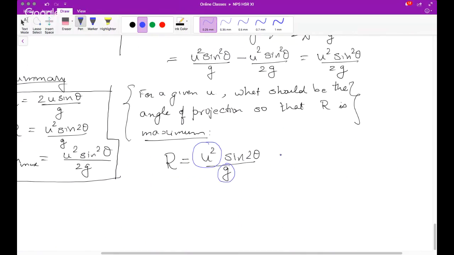You don't have any control over Mother Earth, and you are located at one particular position, so g is fixed. u square is fixed. The only thing under your control is the angle theta. For R to be maximum, u square sine 2 theta by g should be maximum.